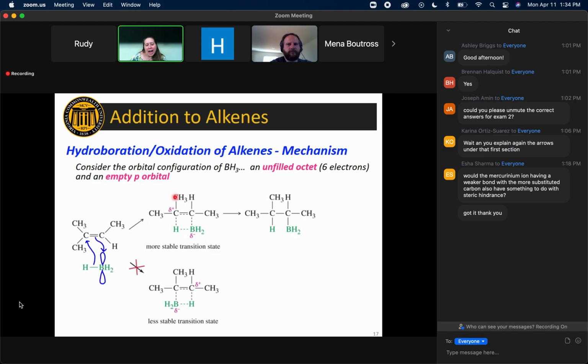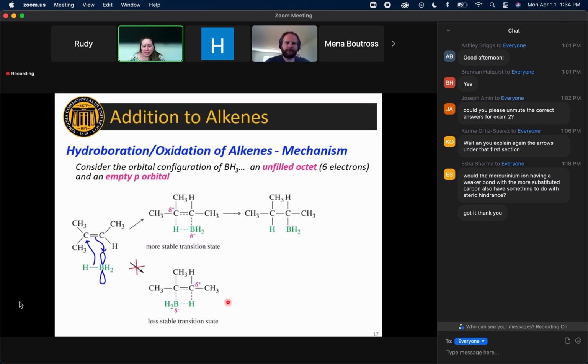That delta positive has to go on the more substituted carbon because that will help stabilize that delta positive. And so even though it's possible to draw out boron adding to the more substituted side and borane coming in this orientation, this does not happen because the delta positive carbon would end up on the less substituted carbon of the double bond, and that's no good.